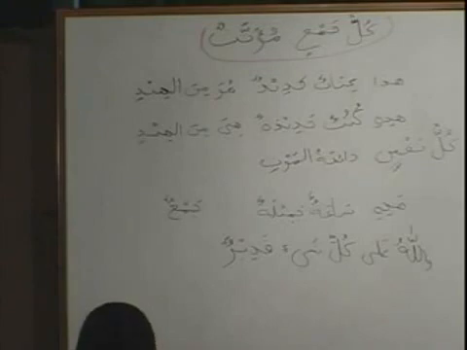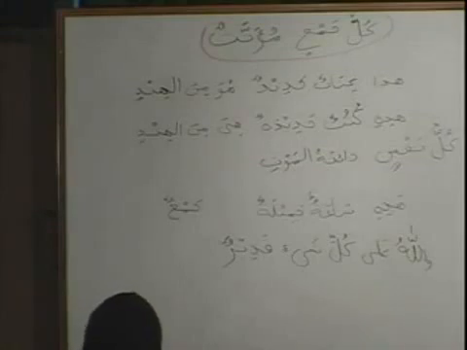Mudaf, Mudaf ilayhi. Is it Jumla Ismiya? Yes. So where is our Mubtada? Kullu, and it is Mudaf. And then Mudaf ilayhi. Where is your Khabar? Mu'annasun, one word. Every Jama is a Mu'annas, feminine, that is, if it is Ghair Aqil. What did I say? If it is Ghair Aqil.